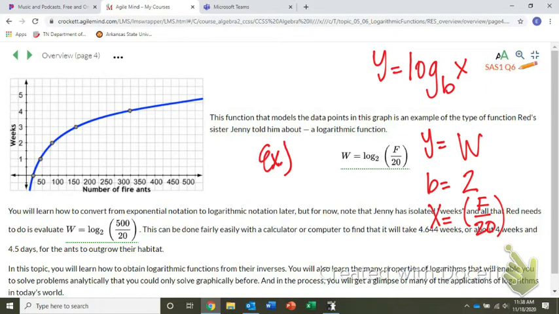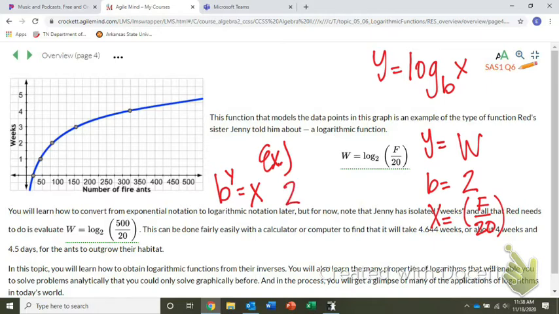All right. So now we take y, b, and x, and we write it in the form of b to the y equals x. So what is going to come first? 2.